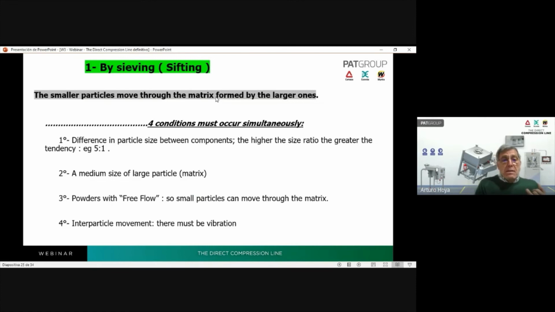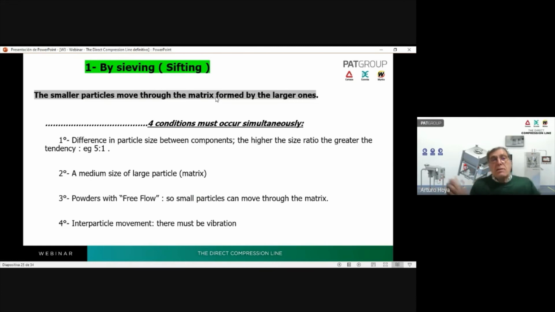The third condition is powder with free flow, because the direct blend is a free flow, the free-flowing particles are separated, and move independently. So small particles can move through this matrix because the API is not bound in a granule, it's free to move.